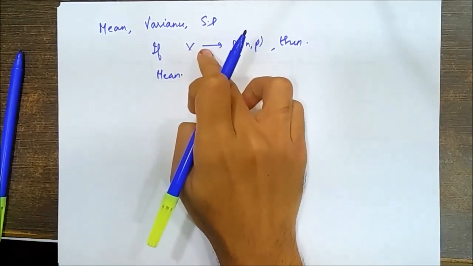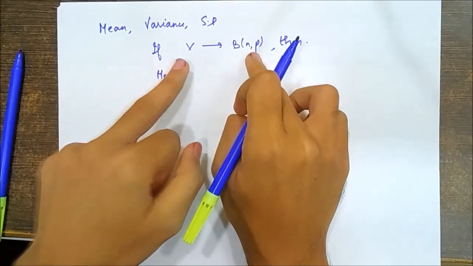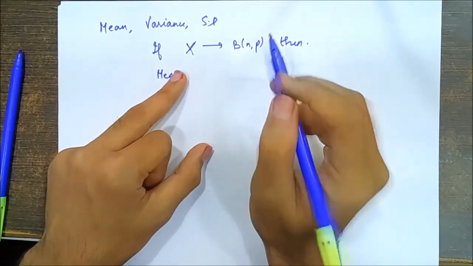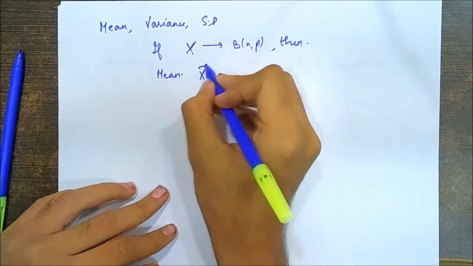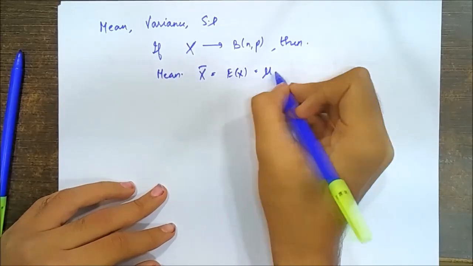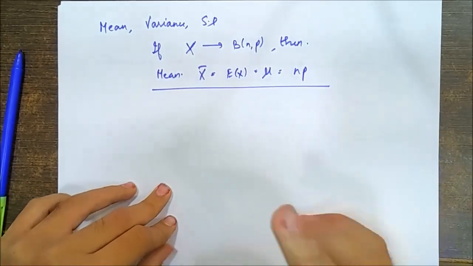That X follows the binomial distribution with parameters n and p. So what's the mean? The mean, denoted by X bar, E(X) or mu, is nothing but n into p. That is, the multiplication of both parameters gives us the mean.